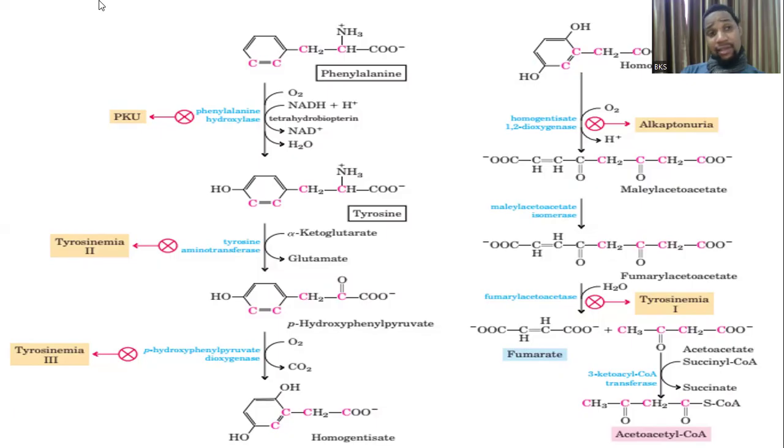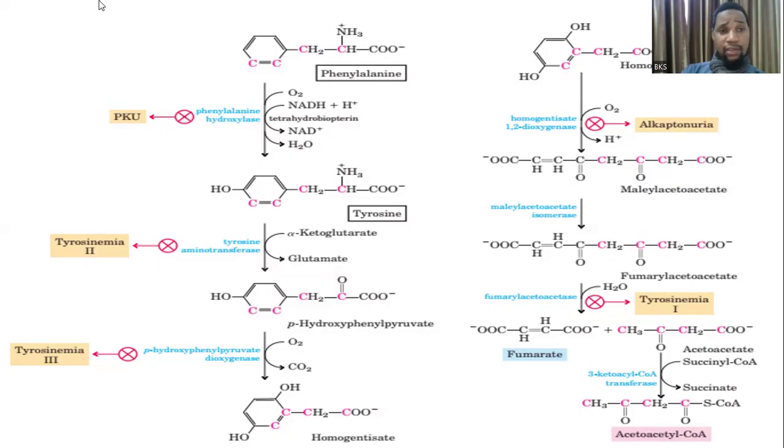So maleylacetoacetate is just a maleate, which is what we call an intermediate of the citric acid cycle, attached to acetoacetate. This enzyme, homogentisate 1,2-dioxygenase, does the work.